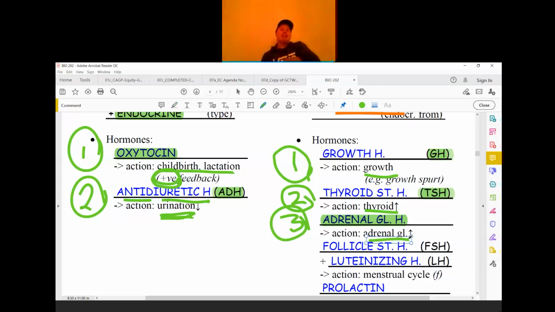This is why we think of the hypothalamus and pituitary as master glands or control glands. They control how other endocrine glands work. We're going to talk about adrenal gland hormone promoting the adrenal gland in a little bit and have a look at what adrenaline does. But before that, I want to mention 2 more groups of hormones.